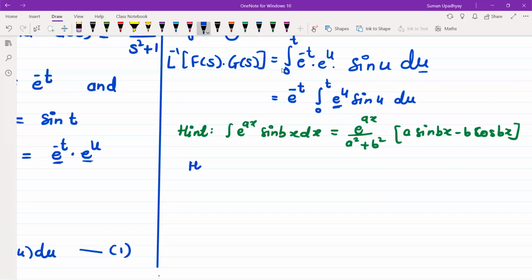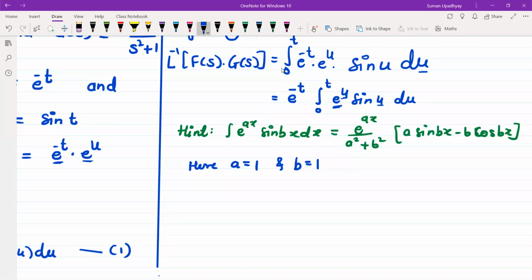So what is a and b over here? A is 1, yes, correct, and b is also 1. For a, you will see the coefficient of u in the exponential, and for b you will see the coefficient of u in the sine. So here it is 1.